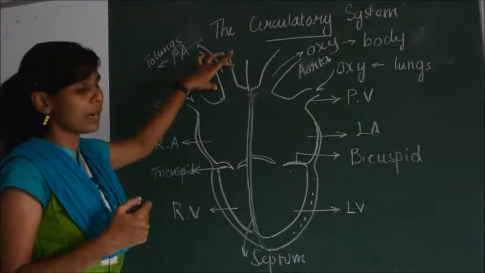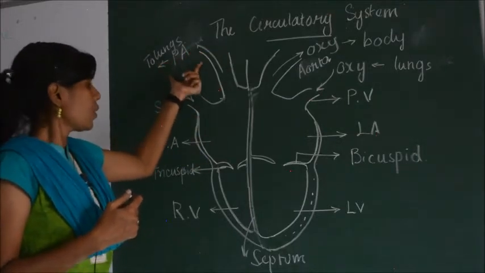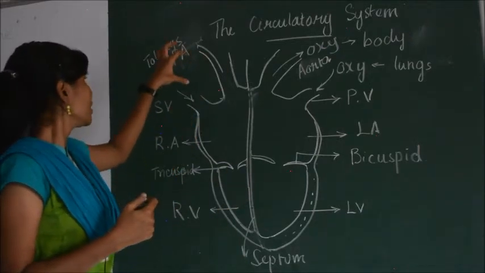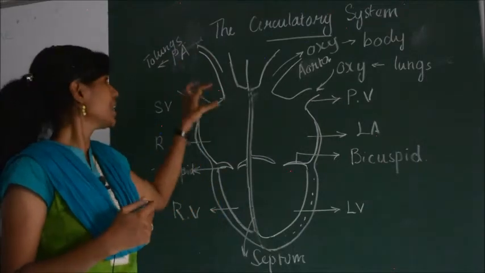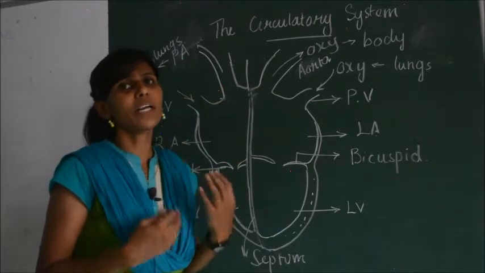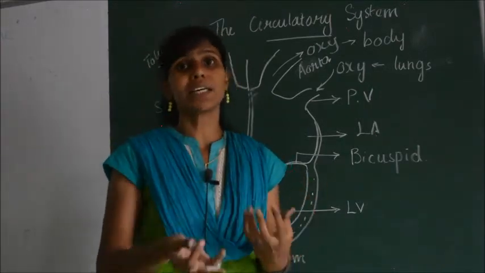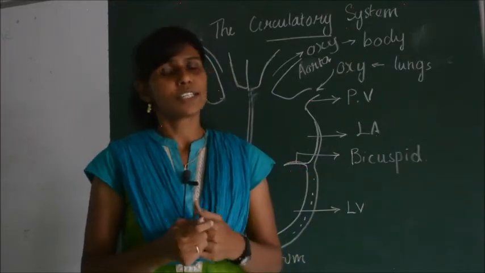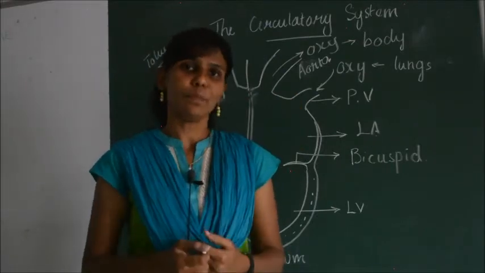This one is the pulmonary artery; I told you this part fully has deoxygenated blood. So the deoxygenated blood will move away from the heart through the pulmonary artery to the lungs. Why does it have to go to the lungs? Because when it reaches the lungs, it will get oxygen and become oxygenated blood. So these all you have to remember from the exam point of view.